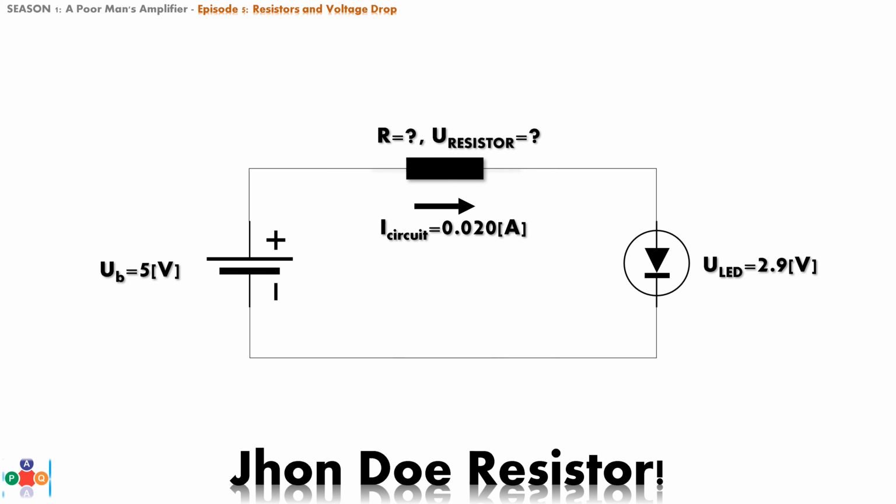So, the only place where difference of 2.1 volts between power source and LED voltage drop can go is between terminals of our resistor. So, we say, when there is 20 milliamperes of current running through our circuit, in this particular design, there will be 2.1 volts of potential difference between resistor's terminals. That potential difference is called voltage drop across the resistor. Using Ohm's law, let's calculate resistance of the resistor.